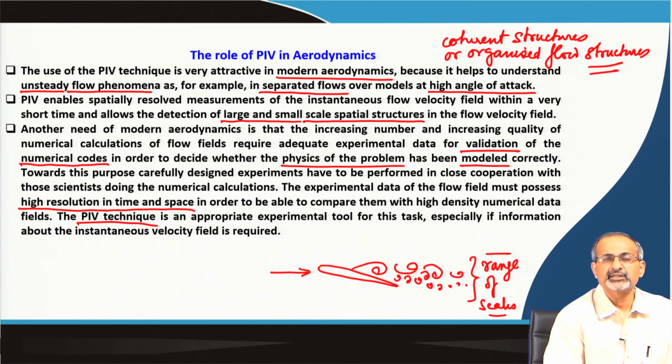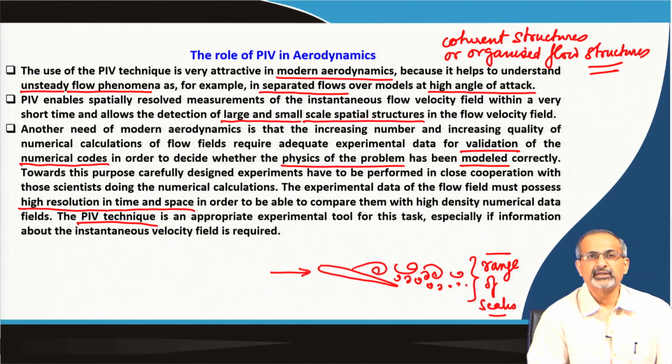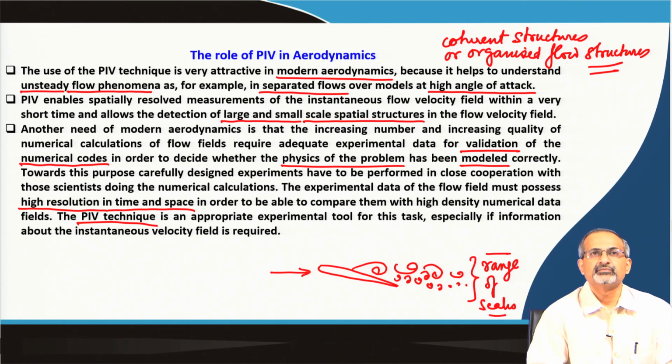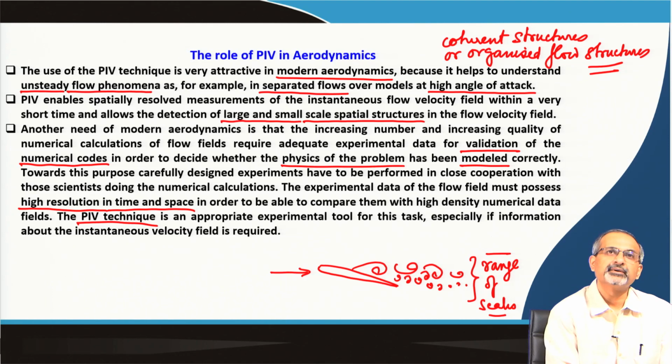And if information about the instantaneous velocity field is required, then this technique can be used over a period of time, acquiring the time history with all the spatial structures resolved, so that finally when you lay the set of images in the form of a video sequence, they can be appropriately compared with the numerical predictions.